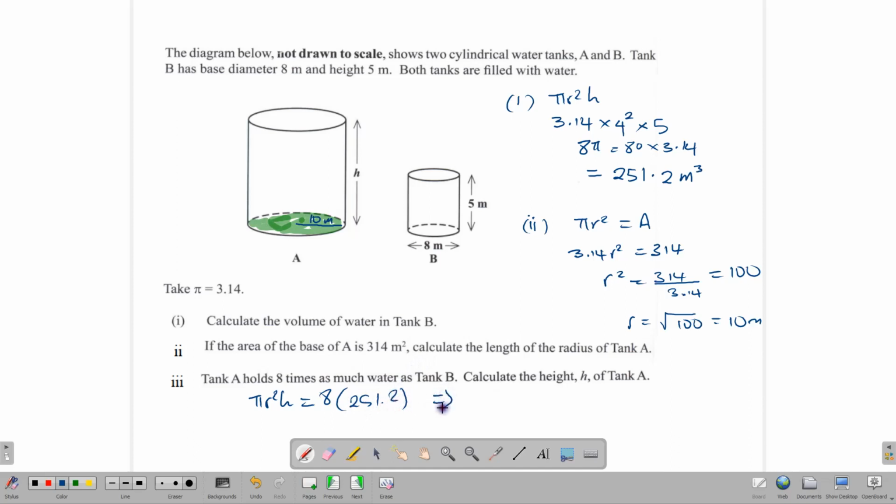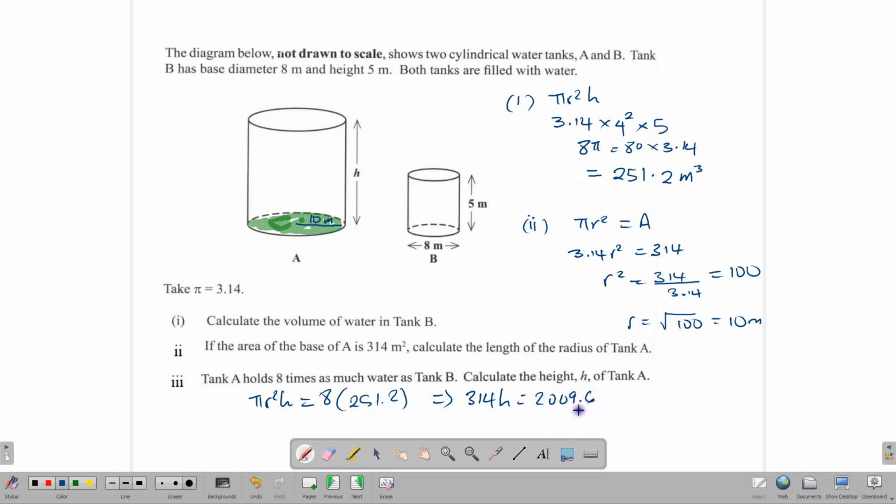Which means now that it is the area of the base times the height. The area of the base was 314, so 314 times the height, which we don't know, gives us 8 times 251.2. When you multiply it out, that is 2009.6.